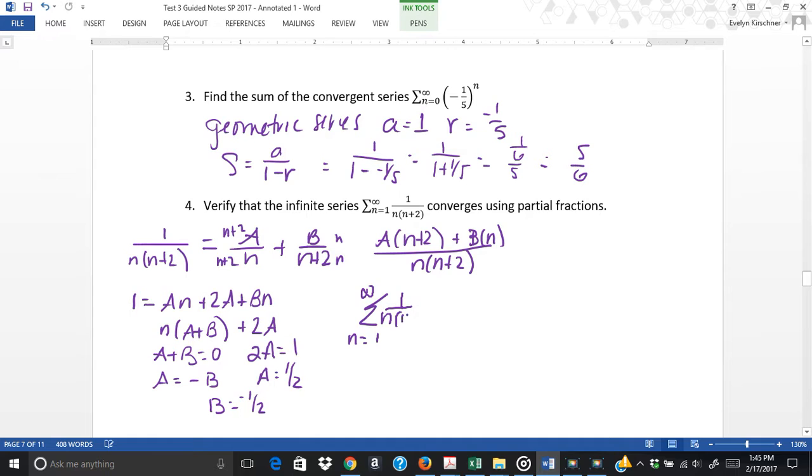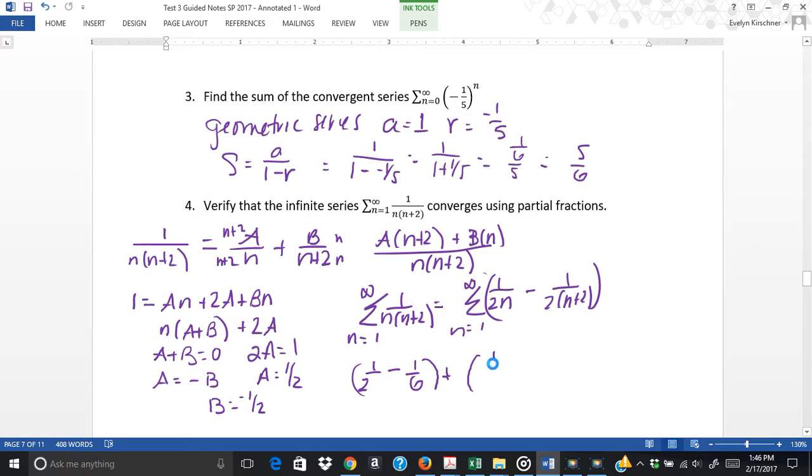So now I have my sum of 1 over n times n plus 2, and that's going to equal the sum of 1 over 2n minus 1 over 2 times n plus 2, as I put my a and b in. If I just write it out, that's 1/2 minus 1/6 for the first term.